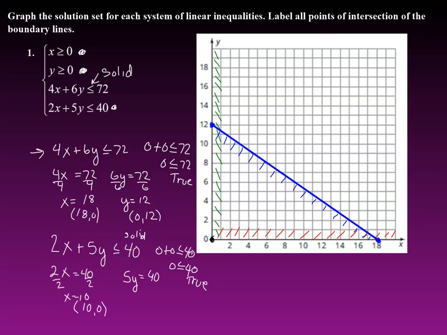And we'll divide by 5 to solve for y, and we get y is equal to 8. So we have an ordered pair of 0, 8 for the y-intercept. So we'll draw this one on there. X-intercept we said was at 10, y-intercept is at 8, and we're going to draw this line.